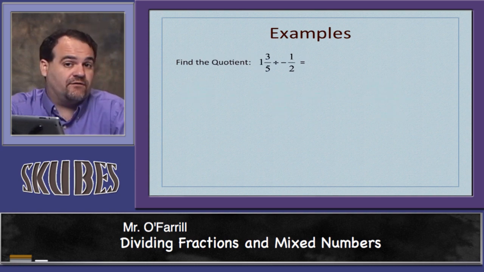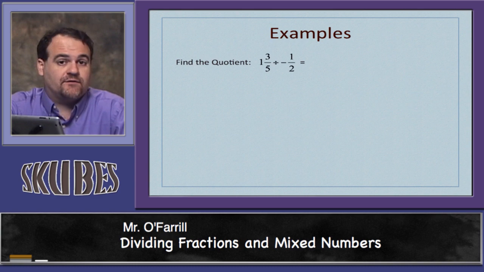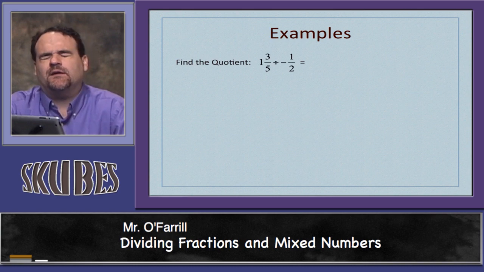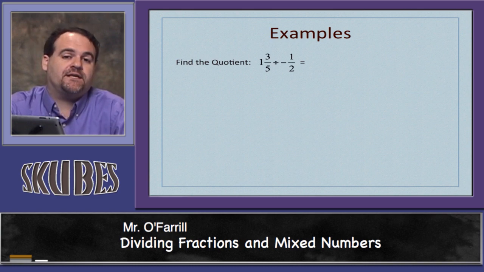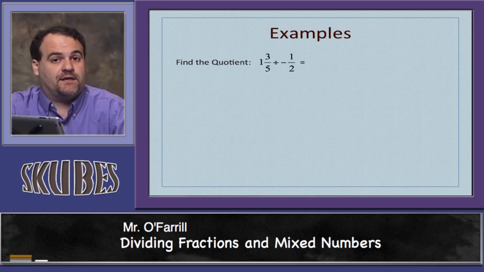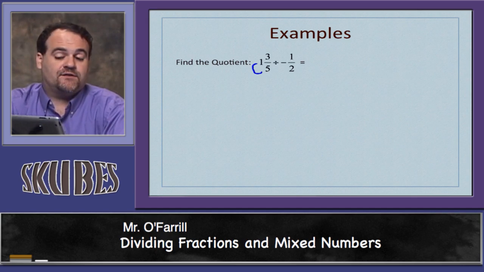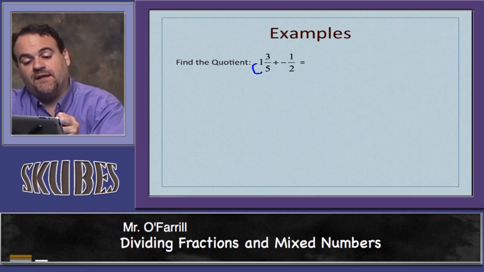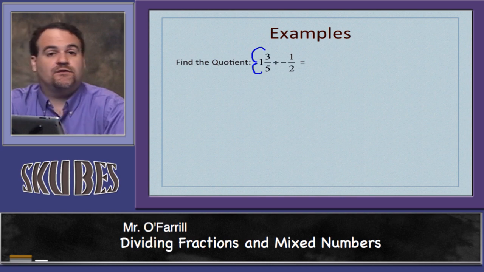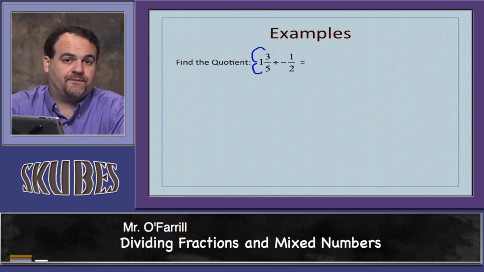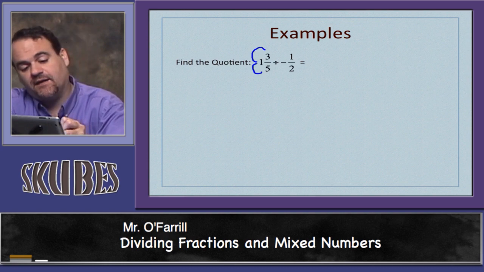Now this one does involve a mixed fraction. So before we do anything else, we need to change that mixed fraction into something we can work with, an improper fraction. And as you remember, what you do is you multiply the denominator by the integer in front of the fraction and then add the result to the numerator of the fraction. 5 times 1 is 5. 5 plus 3 is 8.